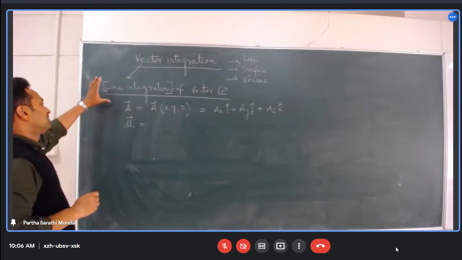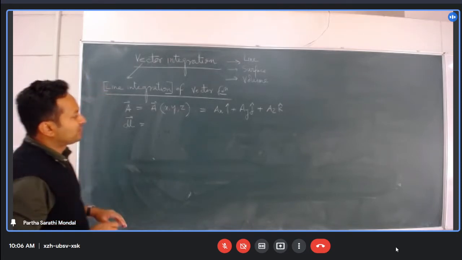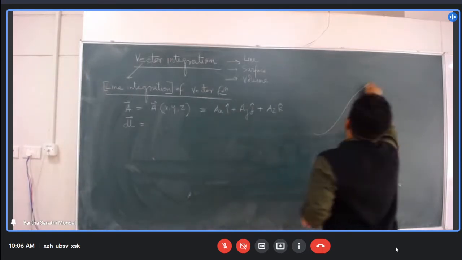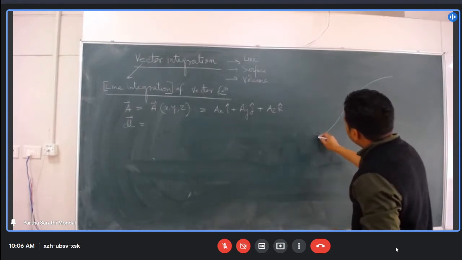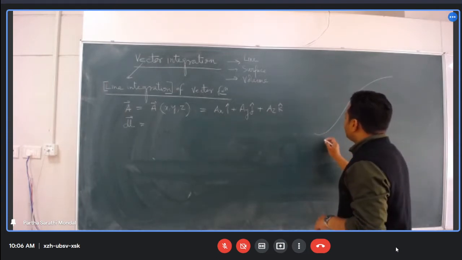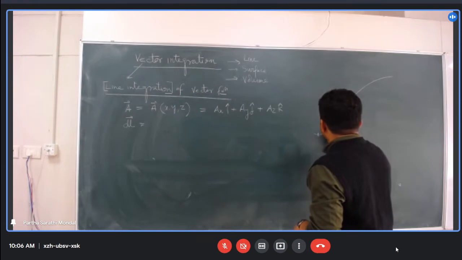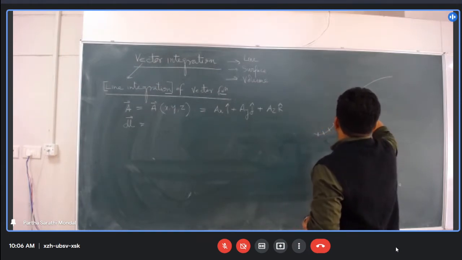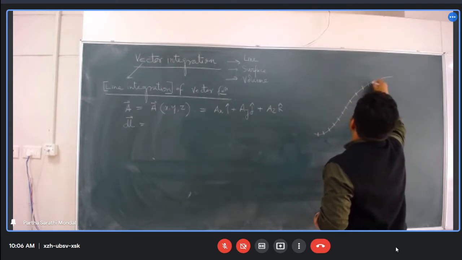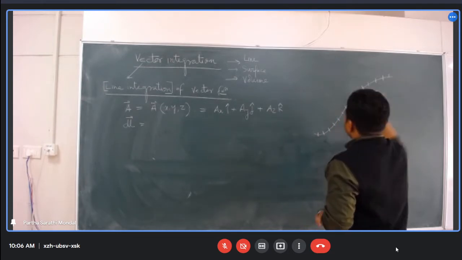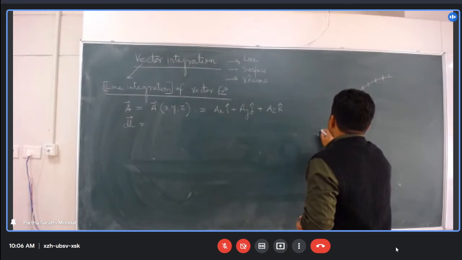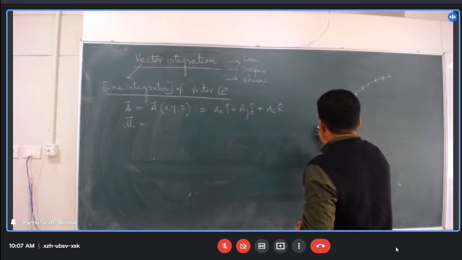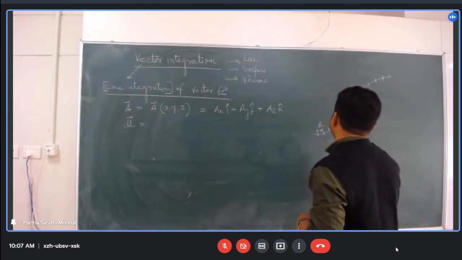If you want to perform a line integral, you have to take a line, and then divide the line into an infinite or n number of divisions with equal length. Each distance we can call dl.